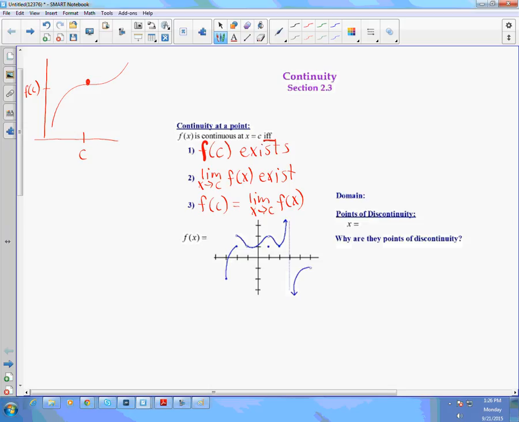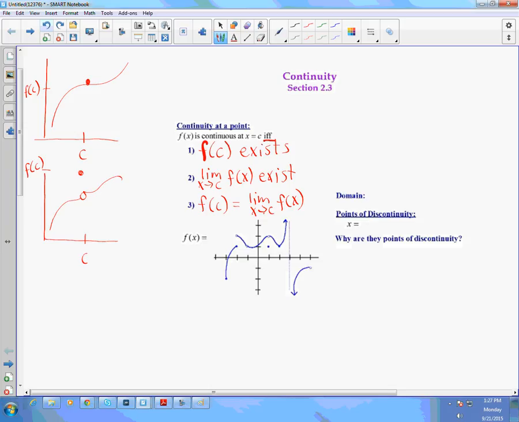Okay, so here's an example of f(c) existing. Here is c. f(c) exists, true? Does f(c) exist? At c, we have a filled-in point over that spot, right? Does the limit exist at c as x approaches c? From the left and from the right, does the limit exist?